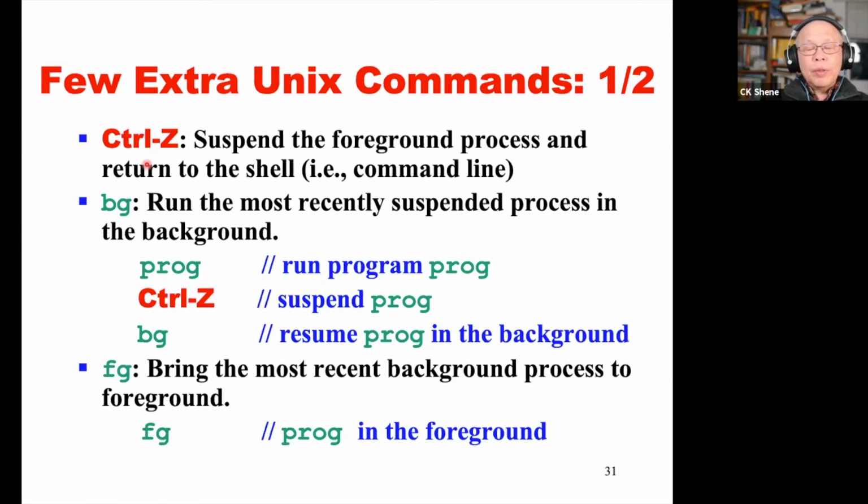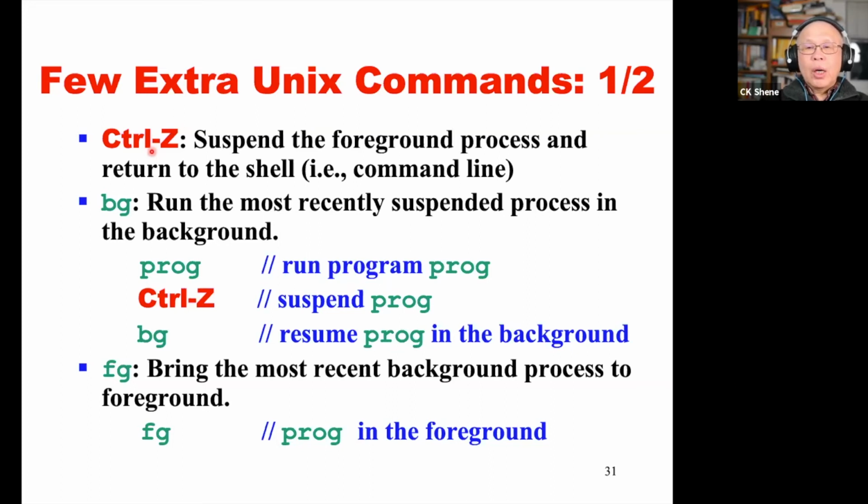So what if you need the keyboard to issue some command? Simple, you just type Ctrl-Z. After typing Ctrl-Z, the current running foreground process will be suspended. Because the foreground process is suspended, you get the command line prompt back.